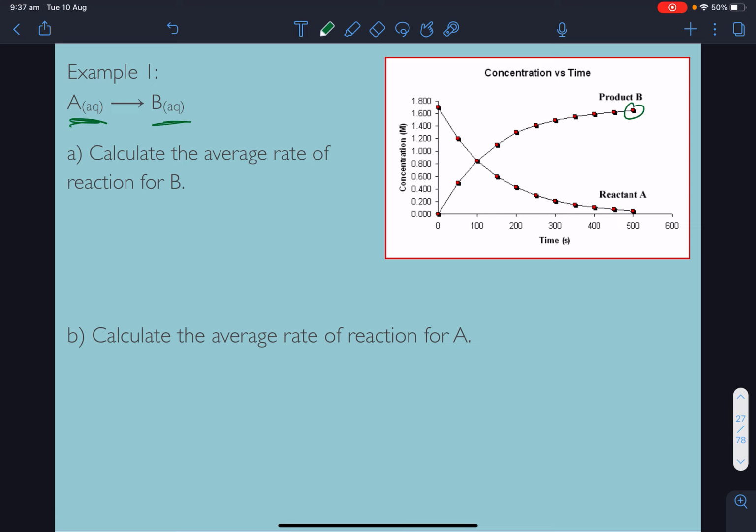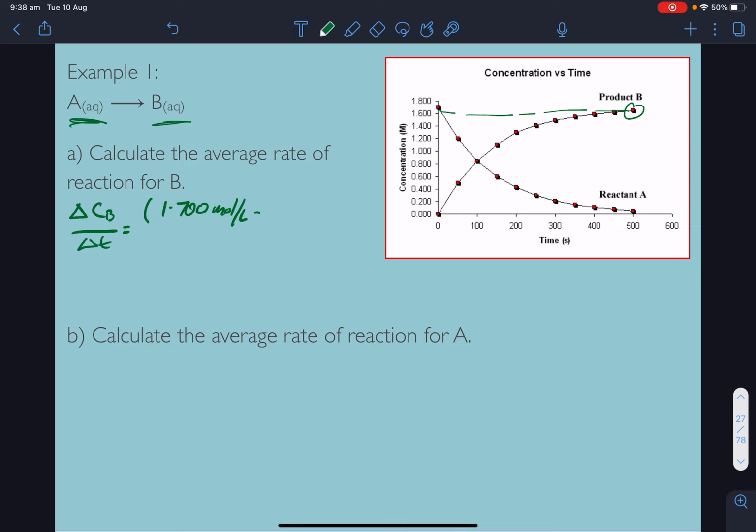Okay, calculate the average rate of reaction for B. Okay, so we need the change in concentration of B over the change in time. So the change in concentration for B will be the final concentration of B, which is 1.700 moles per liter, minus the initial concentration of B.